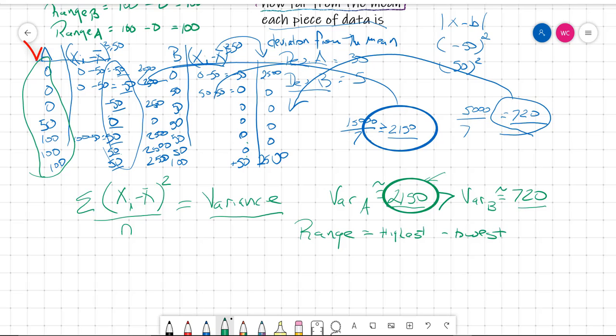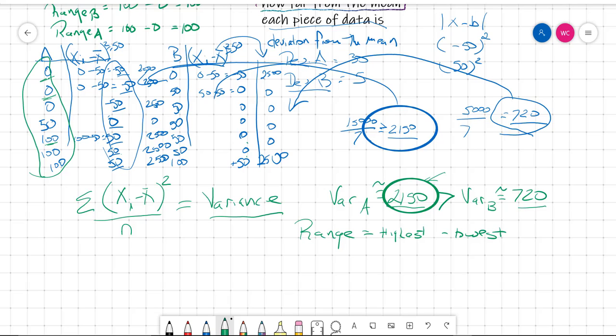The first piece from the center is 50 or minus 50, and this one is 50 or minus 50, and this one is 50 or minus whatever. It's not anything like 2100, right? So this is kind of an awkward number to give as the spread.